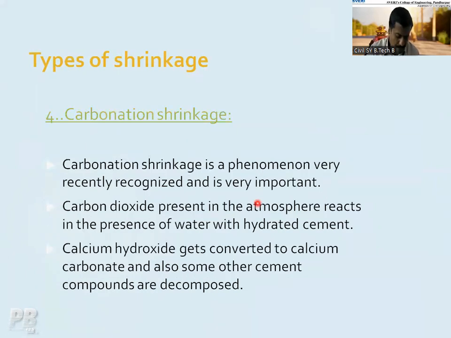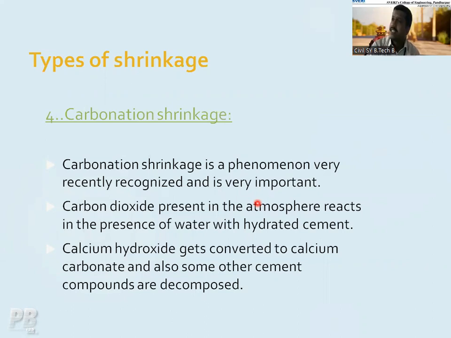Everyone knows we are having the heat of hydration process which is going to happen in our concrete body. बघा आपल्या concrete मध्ये heat of hydration process होते सगळ्यांना माहिती. During this process, it may happen that the CO2 which is present in the atmosphere will react with the hydrated cement. And due to this reaction, what will happen?